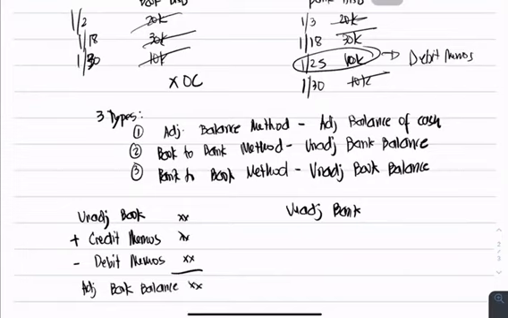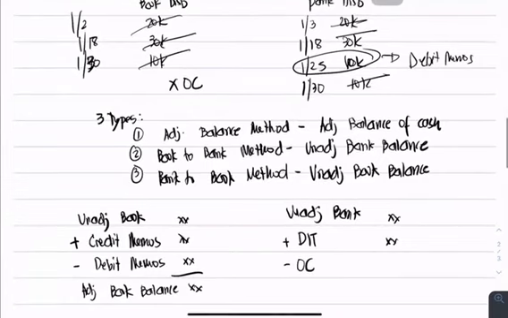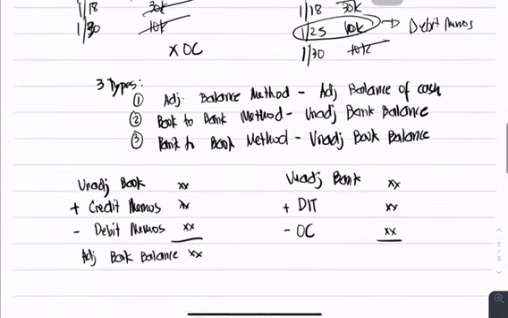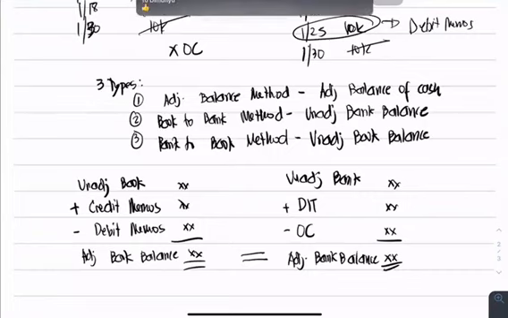For the bank, we have your unadjusted bank plus deposit in transit less outstanding checks. We have your adjusted bank balance. Okay, so if ever we are to get for the adjusted book and adjusted bank, we are using adjusted balance method. Clear?